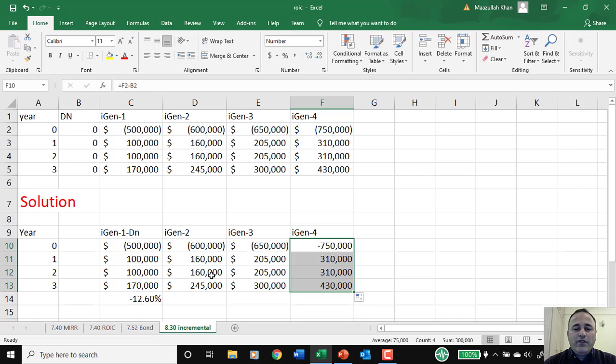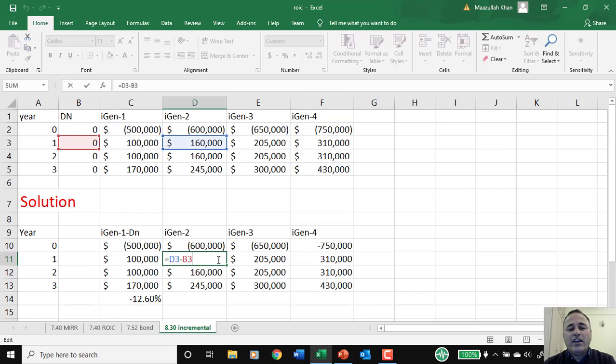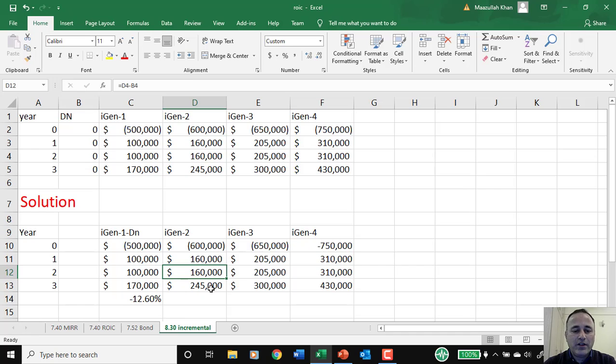I recommend whenever you copy a formula, always click at some random place and see whether everything is done correctly. And I can see that everything is done correctly now. Because in the process of copying the formula, sometimes if you do not lock the proper cell, it actually messes up the formula.